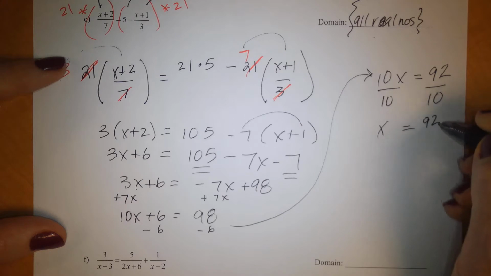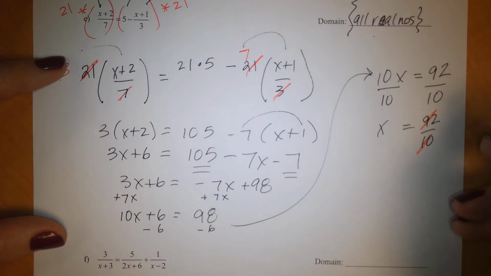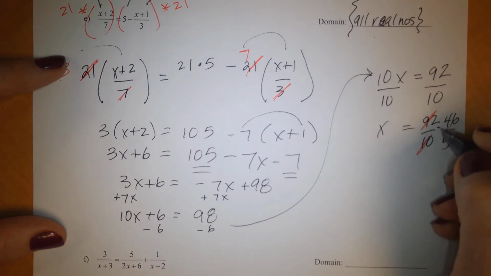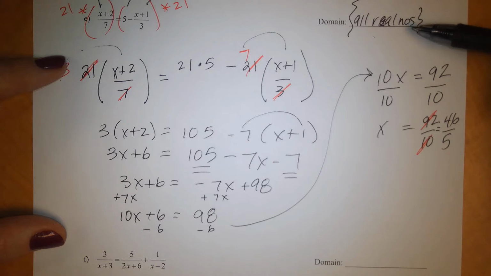You get 92 over 10, but we always want to simplify that as far as possible, so this simplifies down to 46/5. Before I say for sure that is my answer, you want to make sure it's in your domain. Well, the domain said x can be any real number, so it's definitely in my domain.